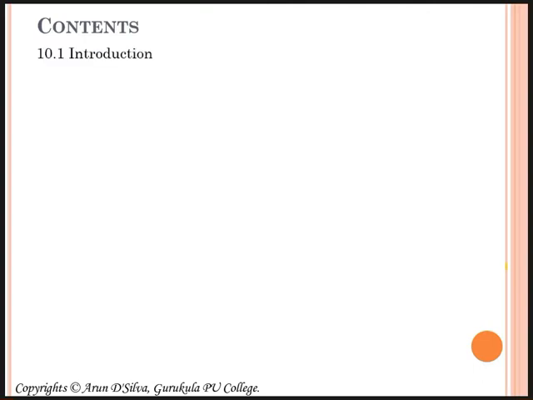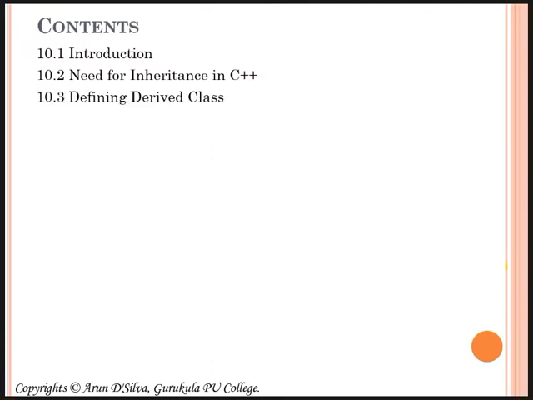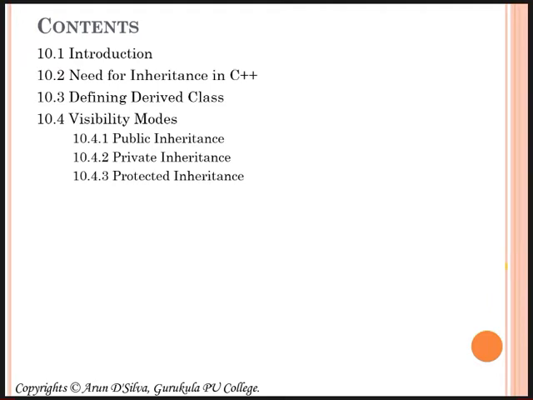Of course, a little bit of introduction about inheritance and the need for inheritance in C++. Why really we are going to use it. So we are defining a derived class, how exactly it is. Then visibility modes when we are creating the derived class, so we are making use of public, private, protected. This is what we are going to see.